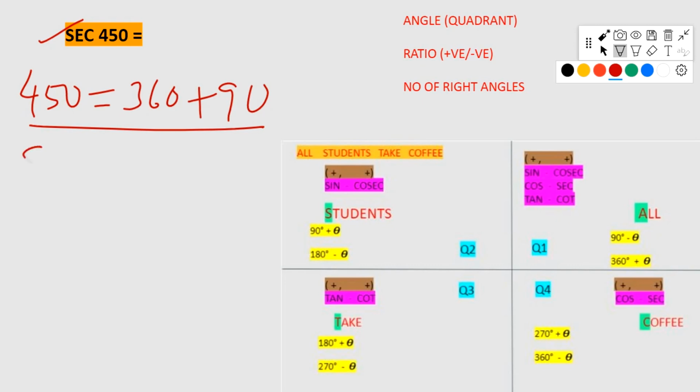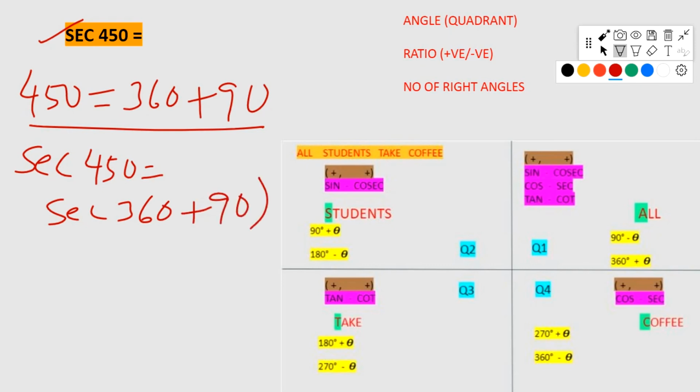So secant 450 degrees equals secant of 360 plus 90. Let 90 be some theta. Here the angle is in the form of 360 plus theta. The angle 360 plus theta lies in the first quadrant.